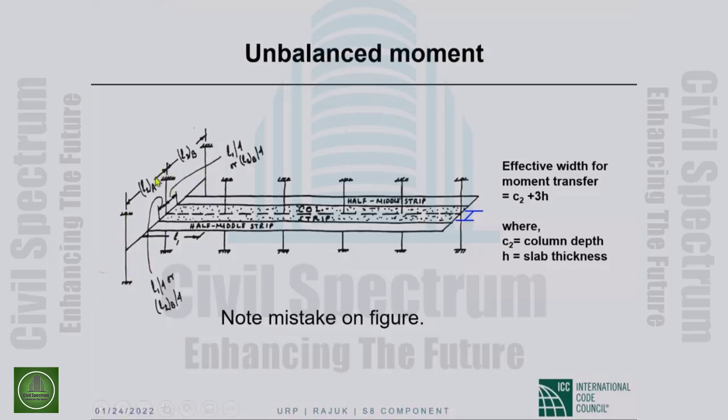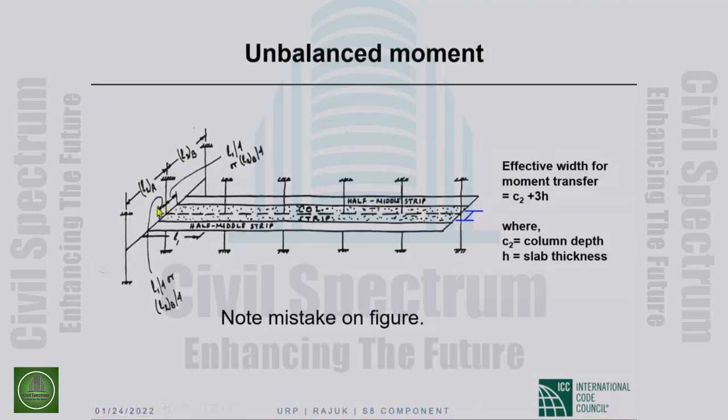This span is L2 sub A, that span is L2 sub B. The span in the direction of analysis, you know, is L sub 1. Okay, so the width of this column strip is L sub 1 divided by 4 or L sub 2B divided by 4, whichever is the smaller of the two. You know that, right?